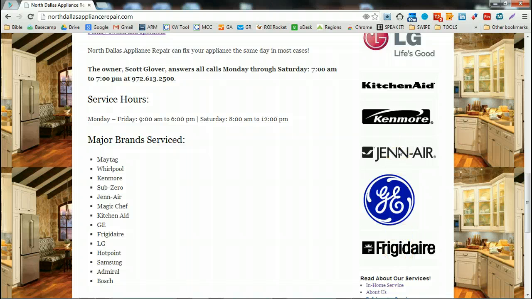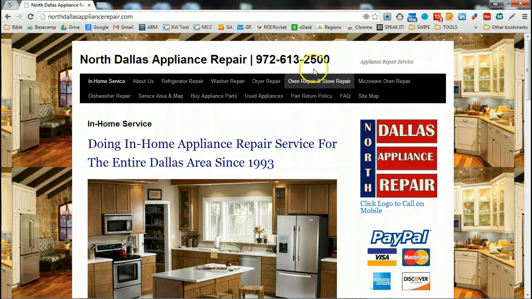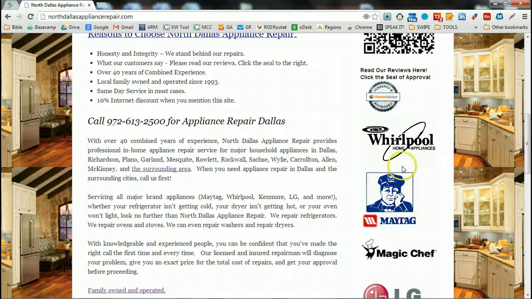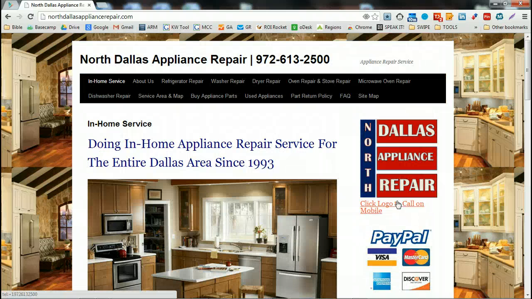I would shrink them down quite a bit, and I would make that part of my header. I would put that right below the navigation or even above the navigation. All of those logos in a really professional and clean layout would be best served above the fold, even closer to the navigation.